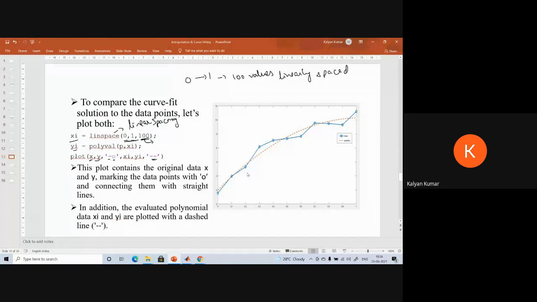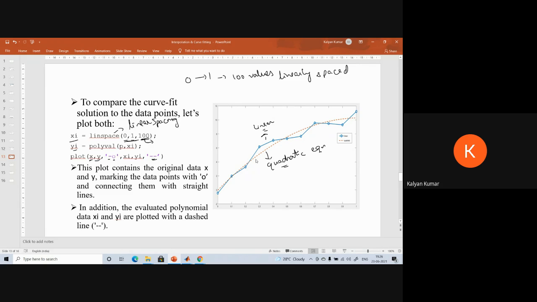If you see, the actual values are the marker values, and the marker values are joined through the blue line, which represents a linear interpolation. So the points are joined through a linear equation, whereas the dash line is represented such that the points are joined by using a quadratic equation.